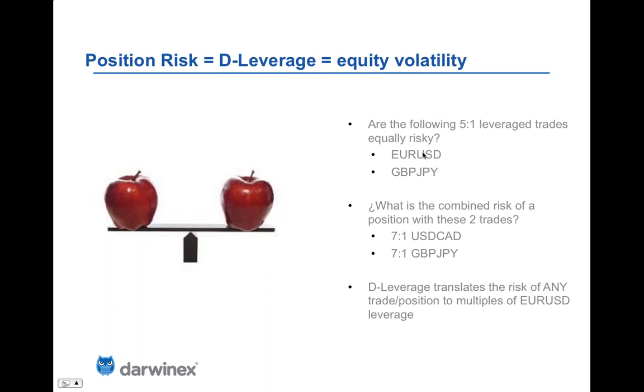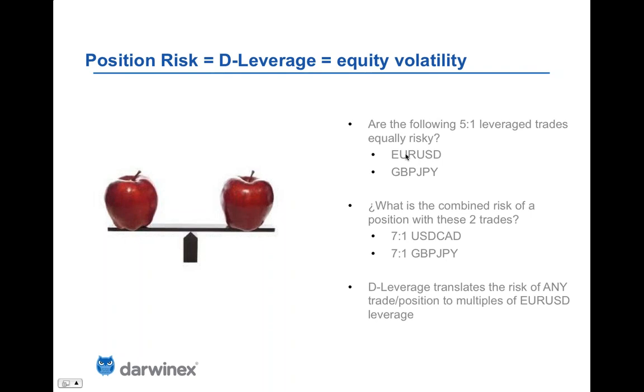Why? Because if you have a euro dollar trade and a GBP yen trade, both assets have different volatilities, and the fact that you're leveraged 5 to 1 does not capture the fact that one of the two will have a different volatility. So if the euro dollar has more than the Japanese yen, then it will be more volatile, or vice versa.